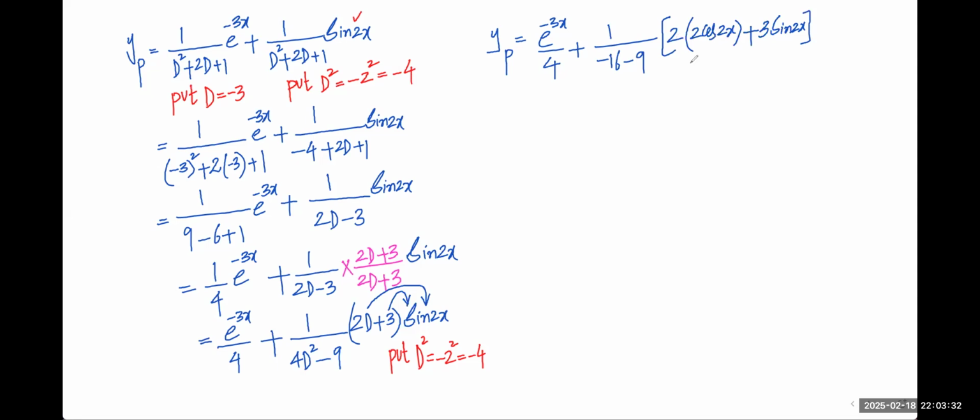Then 2 to the 4 here. Finally, our yp value is equal to e power minus 3x by 4. This together becomes minus 25. So we take minus numerator 1 by 25 into 4 cos 2x plus 3 sin 2x.